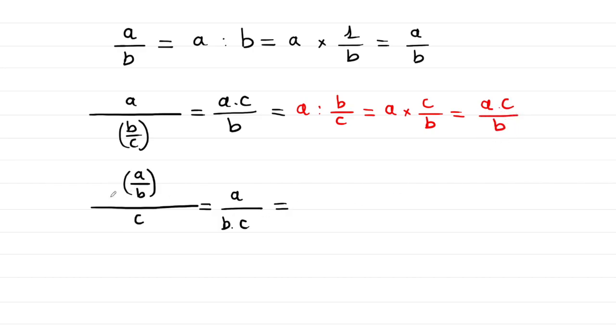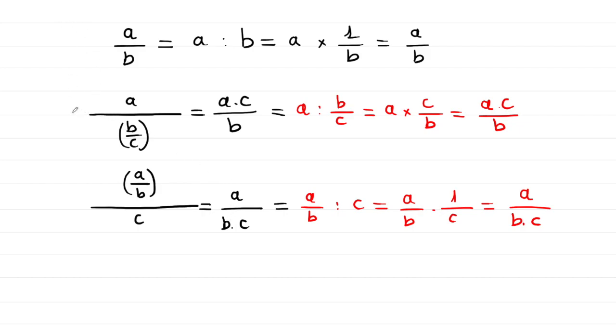But for this one, the numerator is a over b. So a over b first, divided by c in horizontal form, and dividing by c means you multiply by 1 over c, and then you get a divided by b times c. Yeah, that's why you get this one and this one.